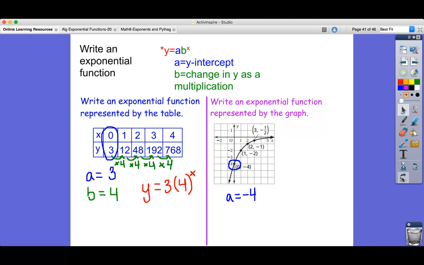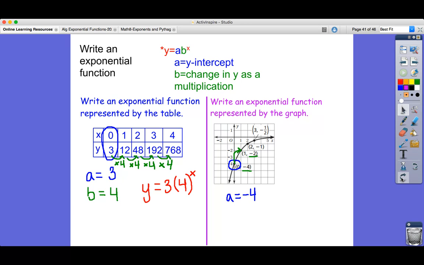Then, what is the change in y as a multiplication? We're going to read the graph from left to right. So we're looking at the farthest point on the left that we can see, which is this one. We're looking at what change happens to get it to the next point to the right. So we're looking at the y part of each of those points. We have -4 and -2 as our y.